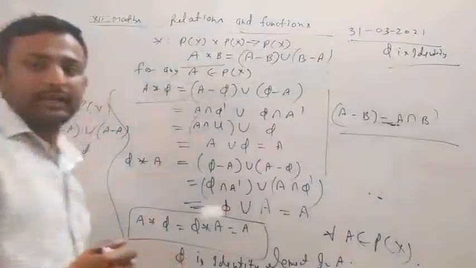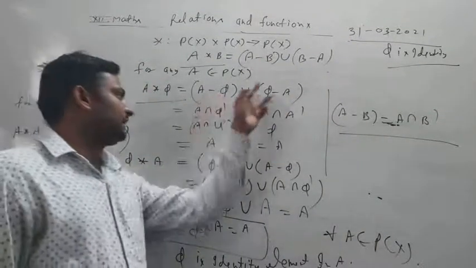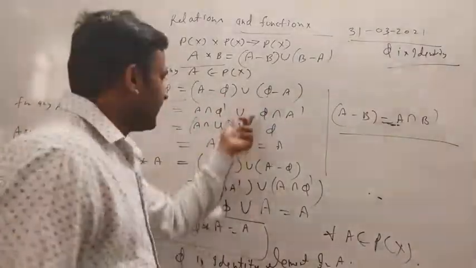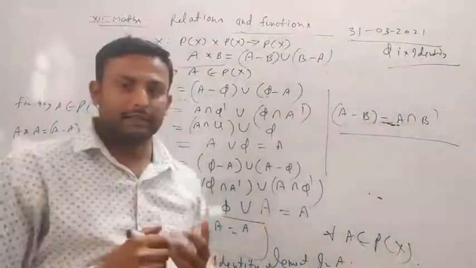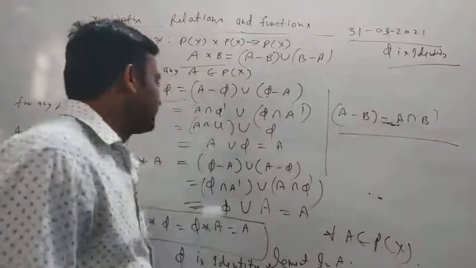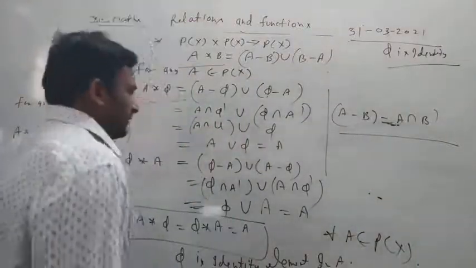So intersection U and union, this phi intersection A dash will be equal to phi, and A intersection U is A, so the union of this is A.